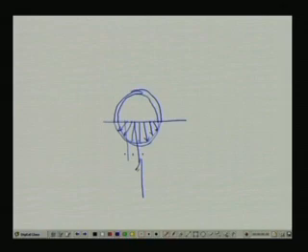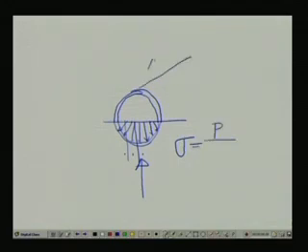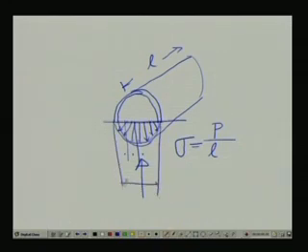So in that expression we get sigma B, or sigma, it does not matter, it is the same thing, equals the load divided by the length L times the diameter. This is the projected diameter T.